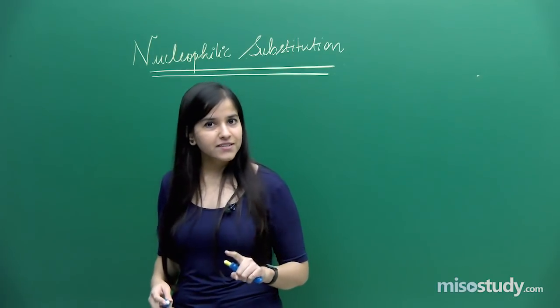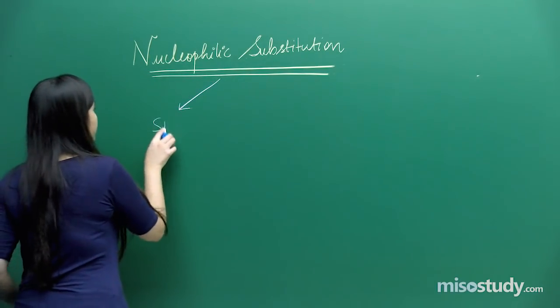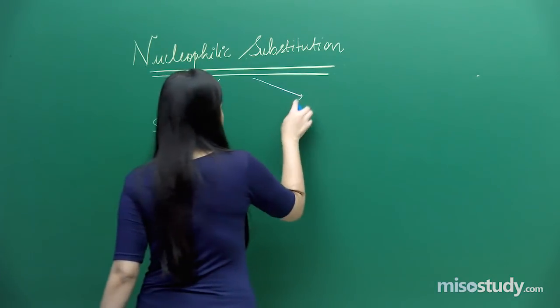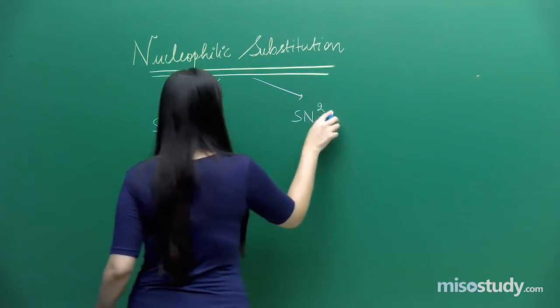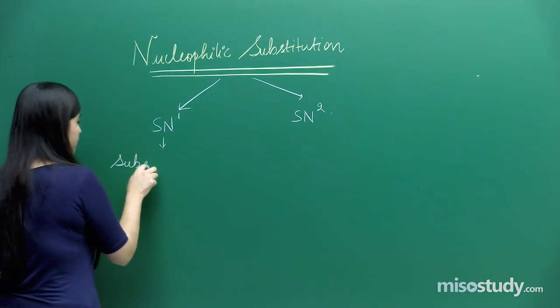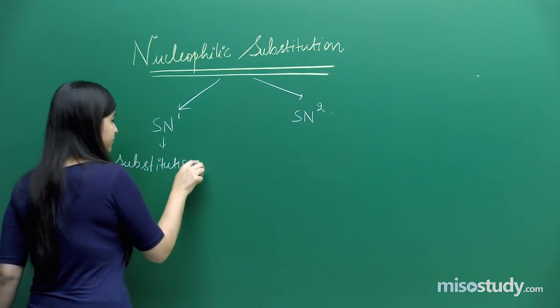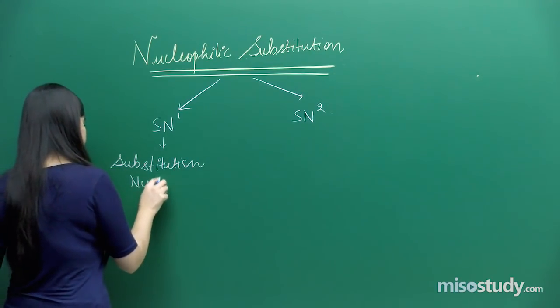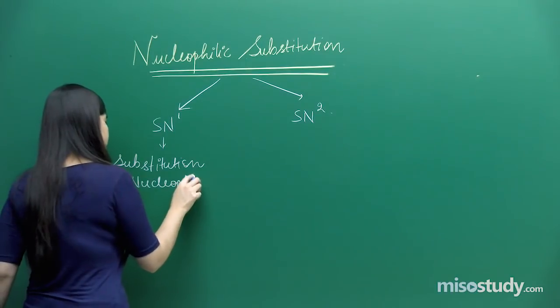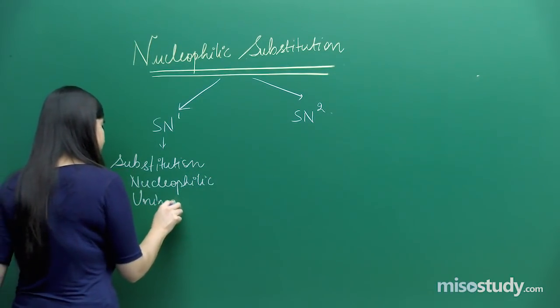Now what we had started off with was the type of nucleophilic substitution. First was the Sn1 and the second one was Sn2. This is none other than substitution, nucleophilic, unimolecular, right?